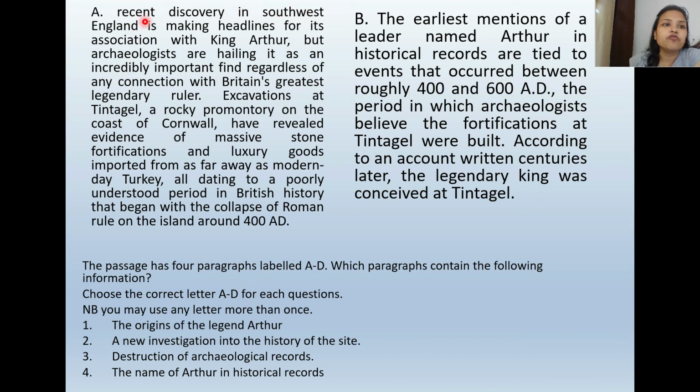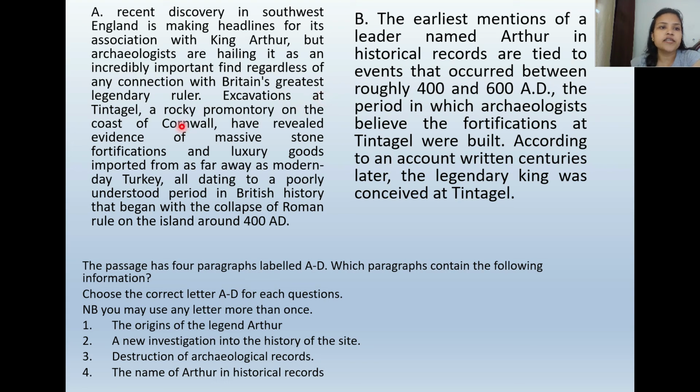A recent discovery in Southwest England is making headlines for its association with King Arthur, but archaeologists are hailing it as an incredibly important find, regardless of any connection with Britain's greatest legendary ruler.